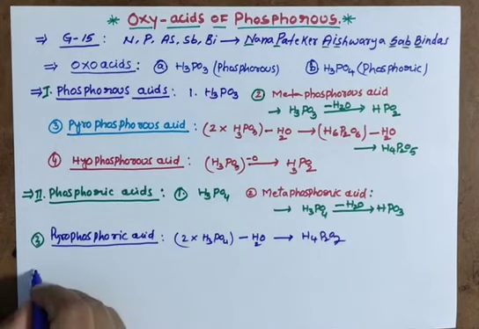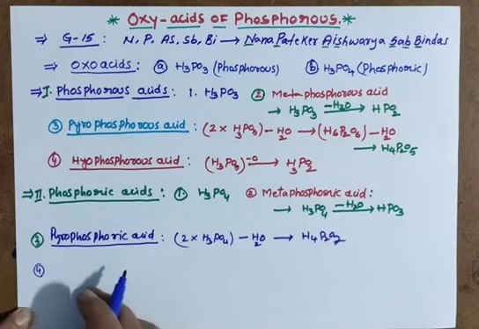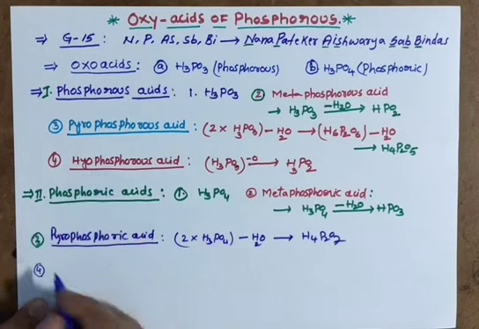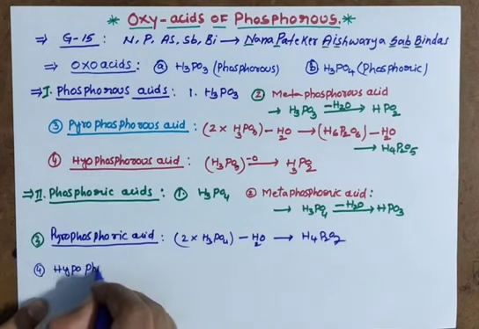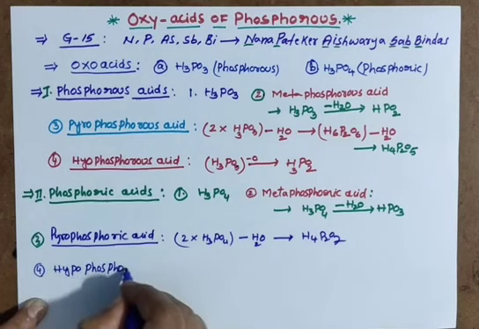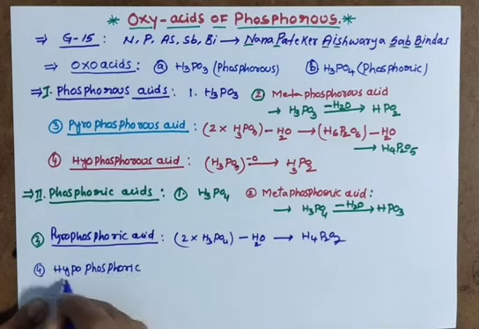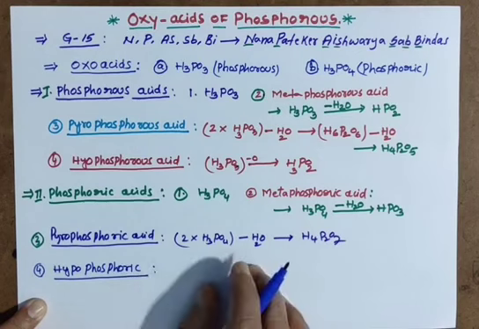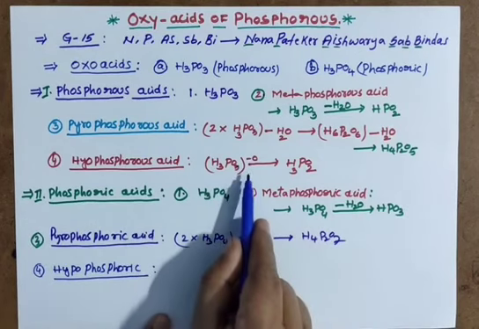Next, another phosphoric acid, that is hypophosphoric acid. Here what did we do for hypo?